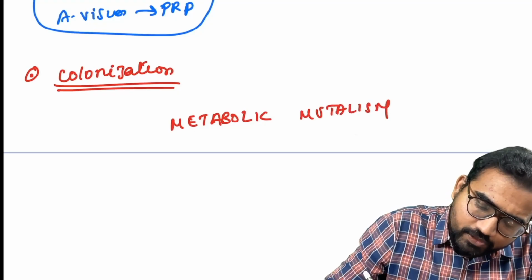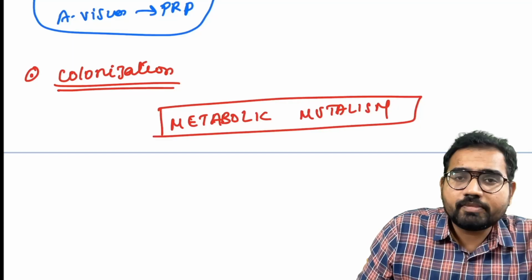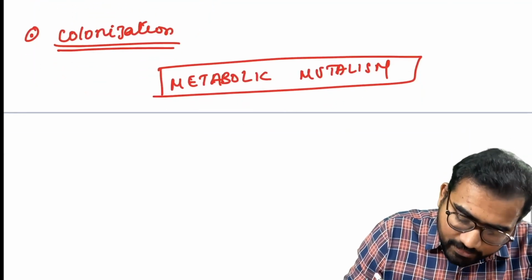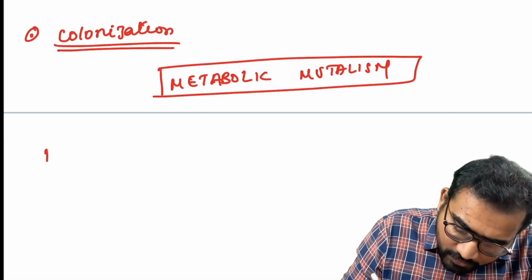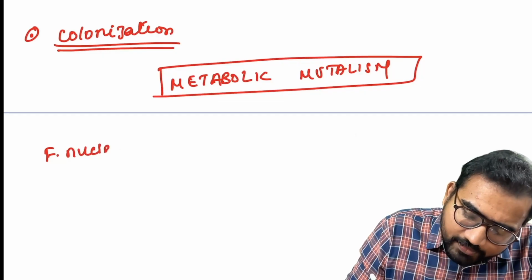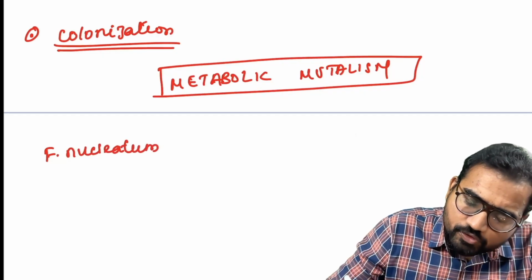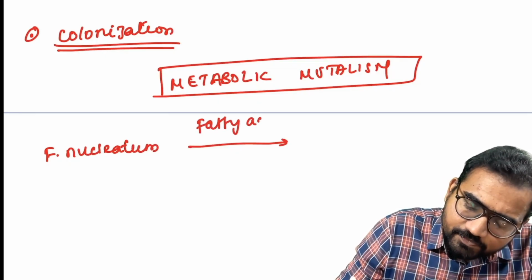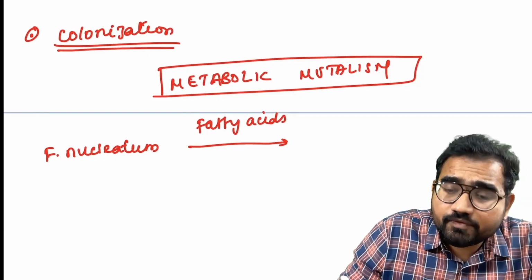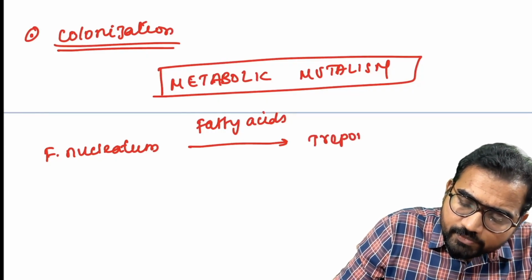Metabolic mutualism is done by several bacteria. I'll tell you a few. Fusobacterium nucleatum produces fatty acids, which are very helpful for the growth of Treponema species.